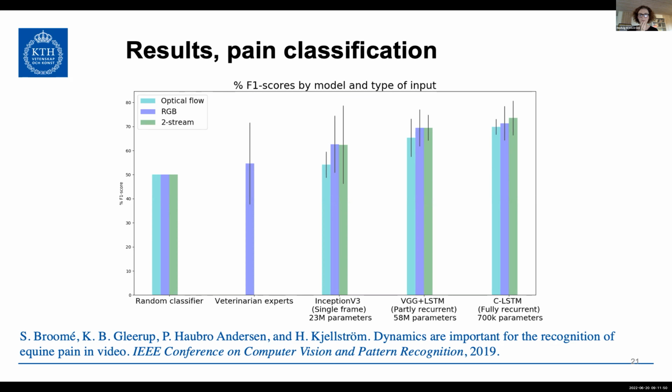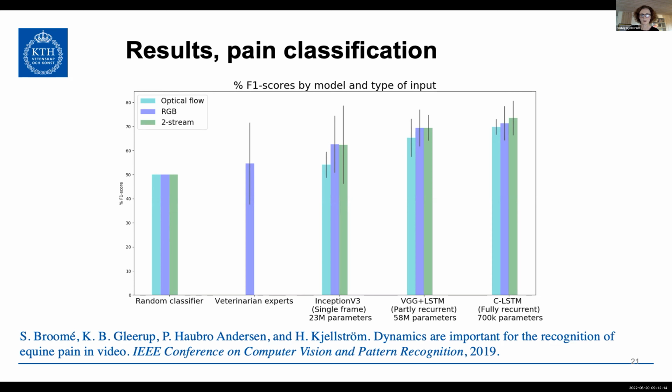So it seems that temporal modeling is crucial. And we can also see that only the CLSTM model does well with only optical flow, which also tells us that the other models are less good at making use of the optical flow.